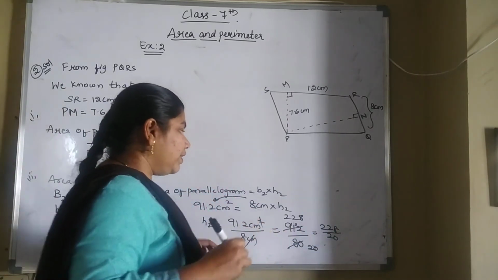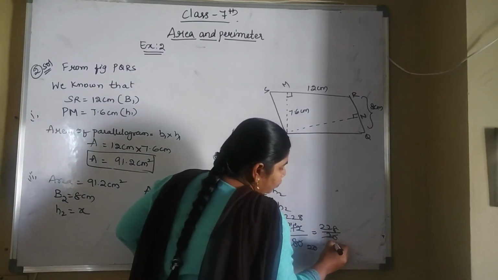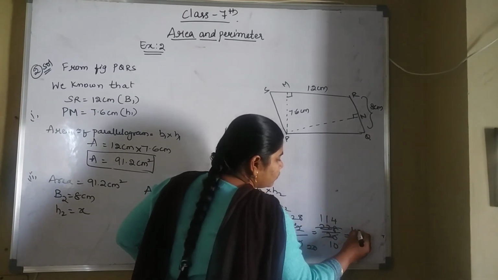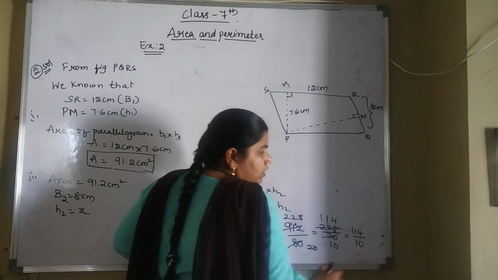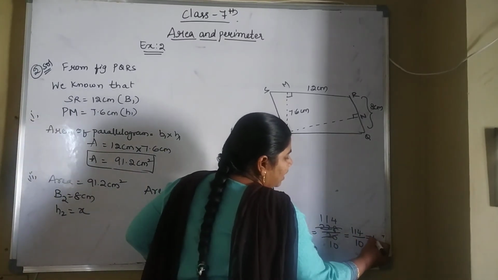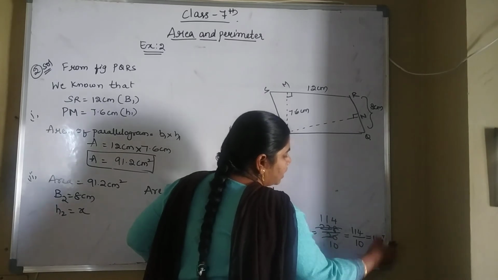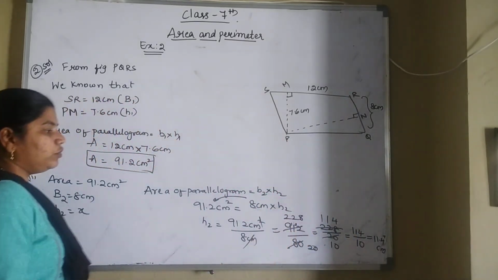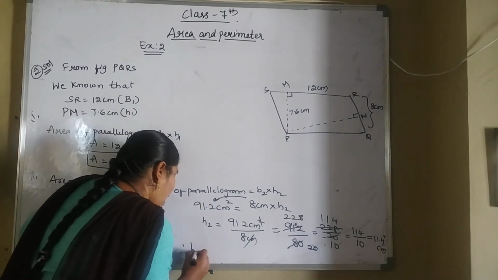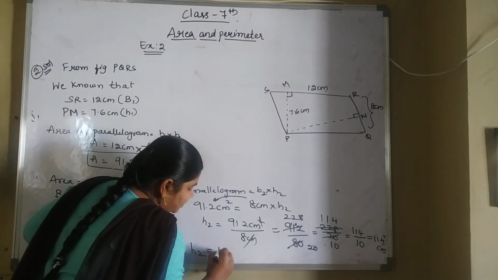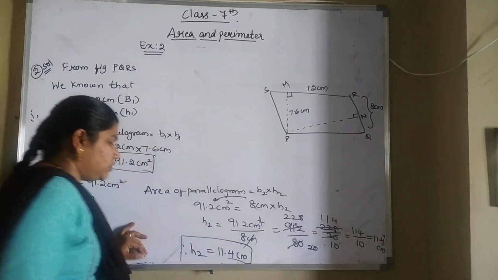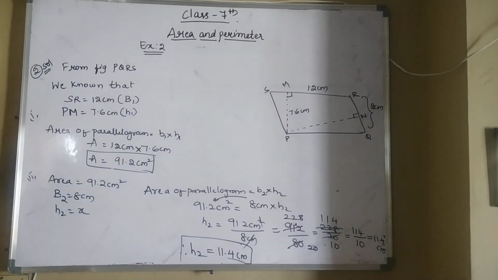Now we can cancel in the 2 table. 2 tens are 20, 2 ones are 2, 2 fours are 8. So you got 114 by 10. If you divide these two, the value will be 11.4 centimeters. That means the height value you got is 11.4 centimeters. Therefore, height 2 is equal to 11.4 centimeters. So this is our H2 value.